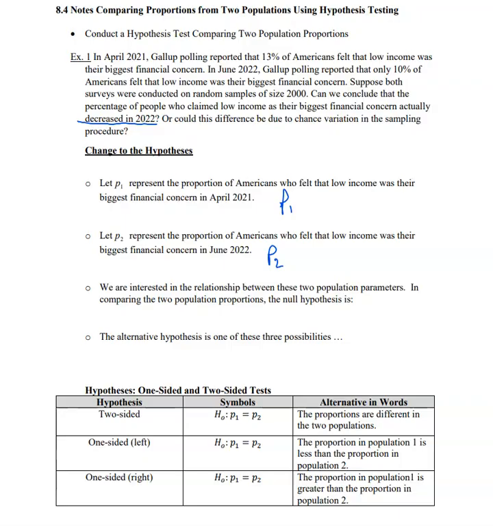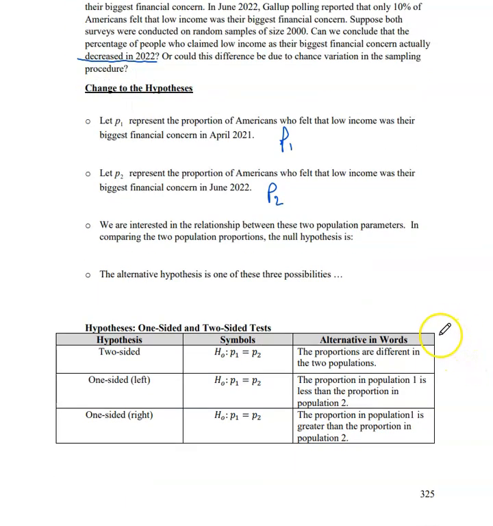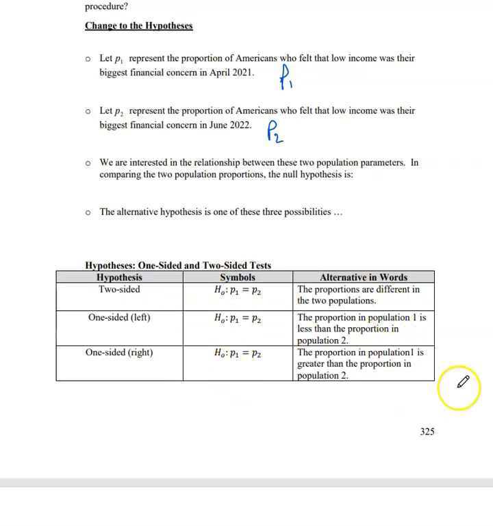So we are interested in comparing the relationship between these two population parameters. So when we do a hypothesis test where we compare two different groups, there's three possibilities, just like there would be where we're only working with one group. We're also going to have two hypotheses, just like always, a null hypothesis and an alternative hypothesis. So the first possibility is that we have a two-sided hypothesis test.